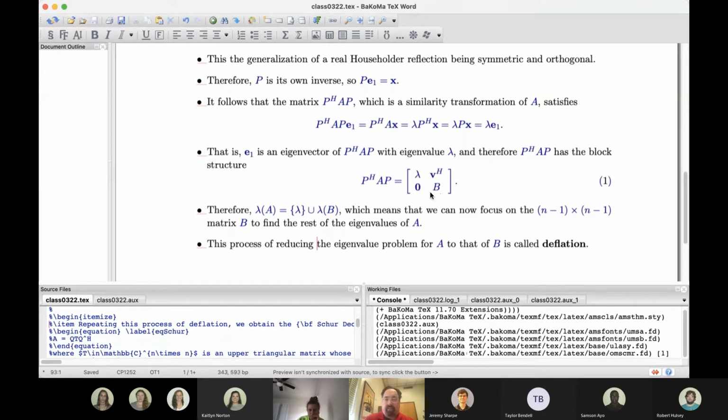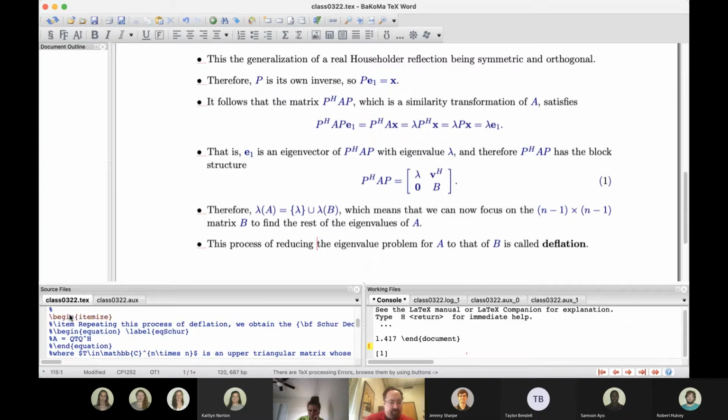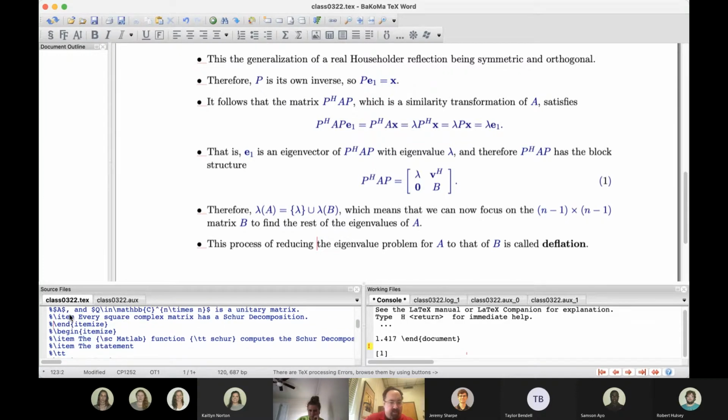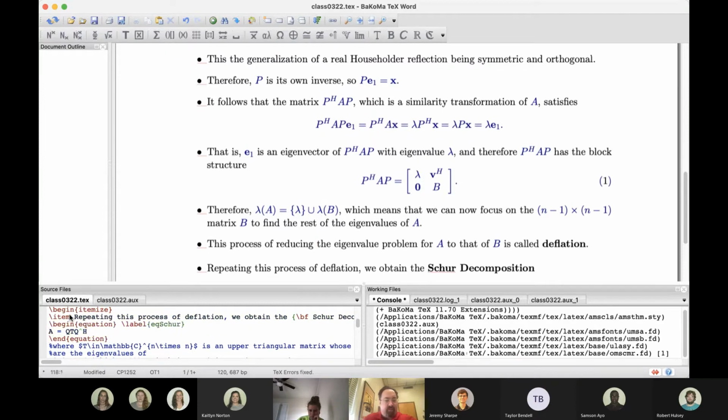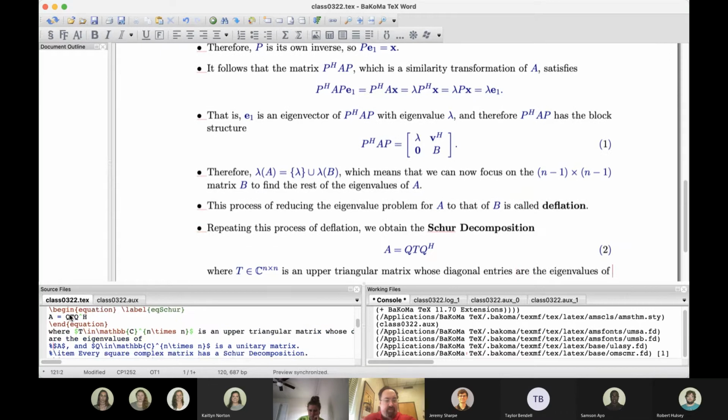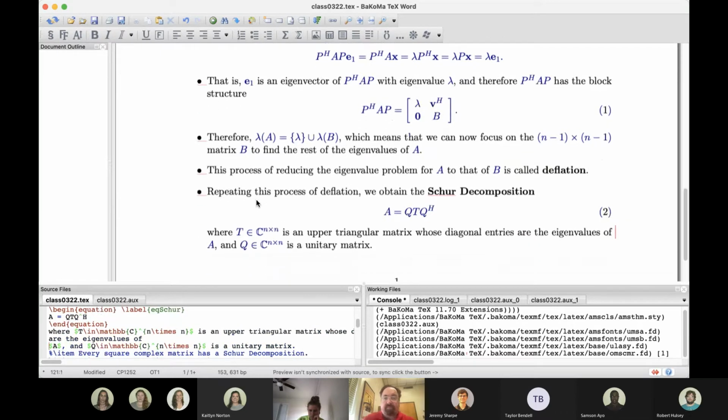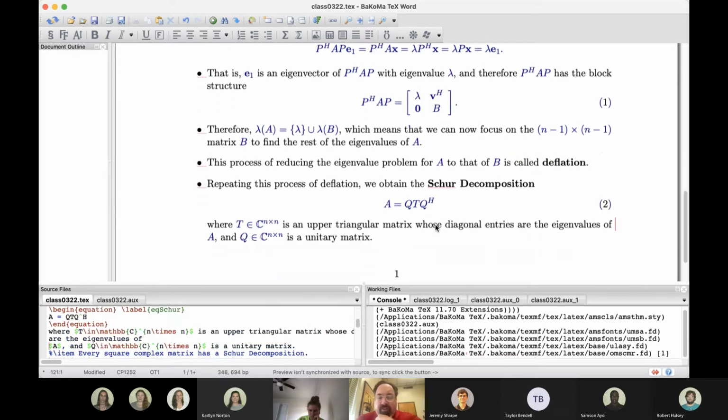Now what we can do is keep going. I can then find an eigenvalue and eigenvector of B, and then deflate on B to reduce it to a slightly smaller eigenvalue problem. So continuing this to its extreme, I get a new decomposition.